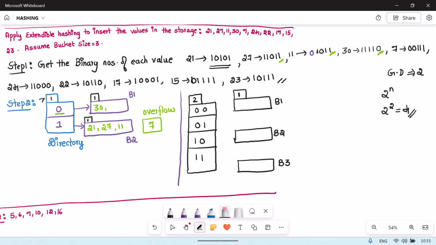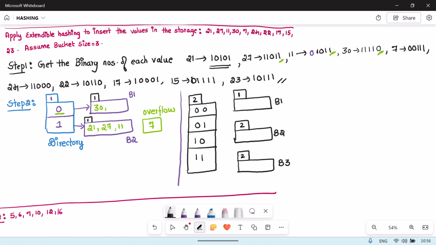Now, one more change has to happen: when you increase the global depth, the local depth of the split buckets also will increase by 1. So this will be 2 and this also will be 2.